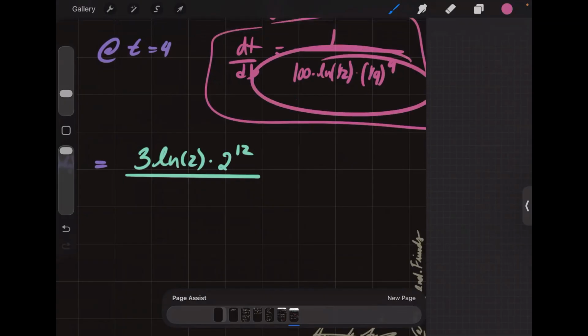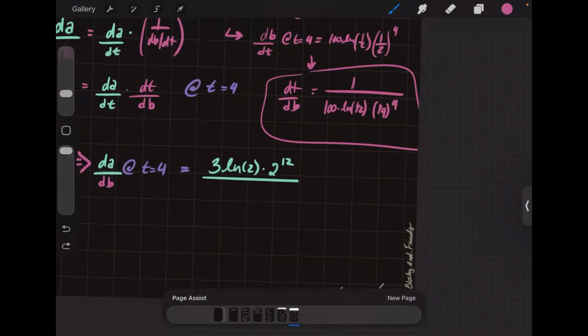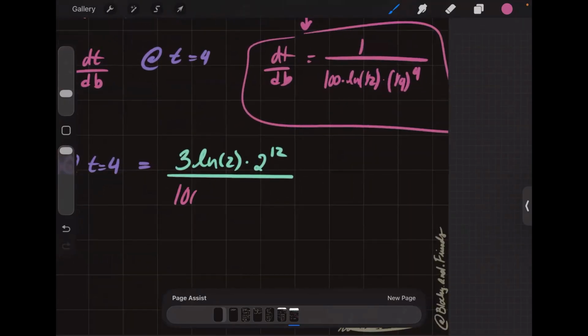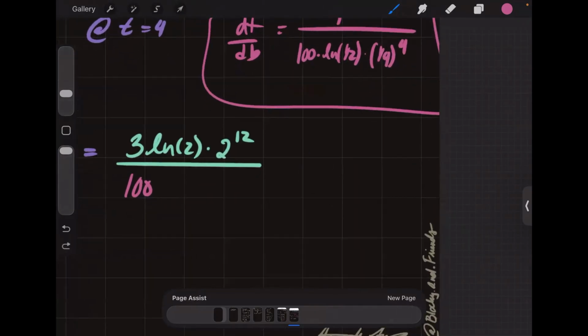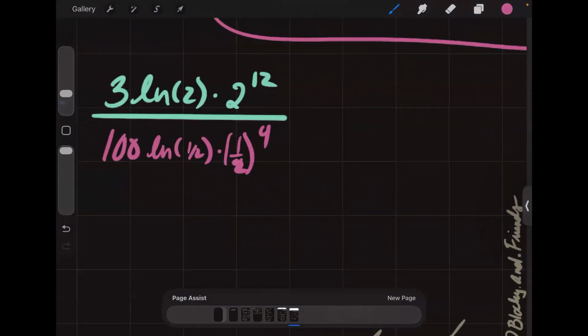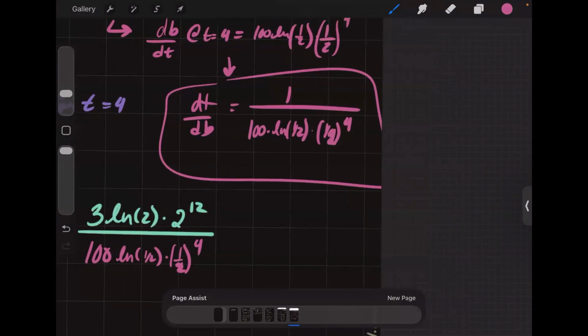All over this. So 100, right? Because we're multiplying, that's how you got that. So you can just slot that in, right? 100 ln of a half times 1/2 to the 4th. Sorry, 1/2 to the 4th. My bad. That's it.